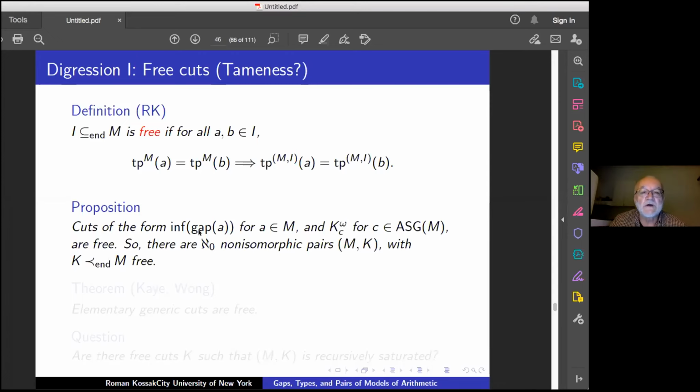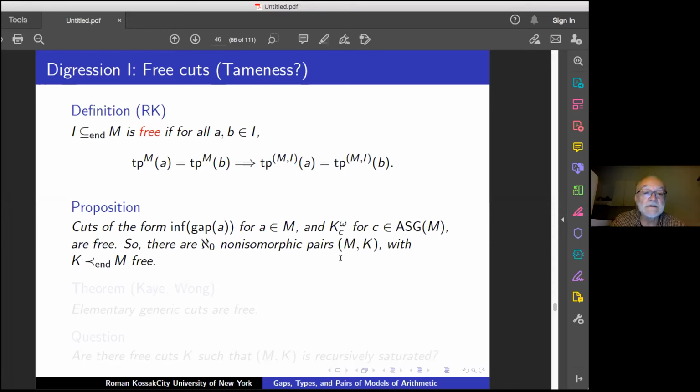If you take any gap, then the infimum of the gap is free. Because of that, there will be infinitely many non-isomorphic free cuts of that form. Also all those cuts that are suprema of coded ascending sequences of gaps of length omega are also free. So there are examples of free cuts.